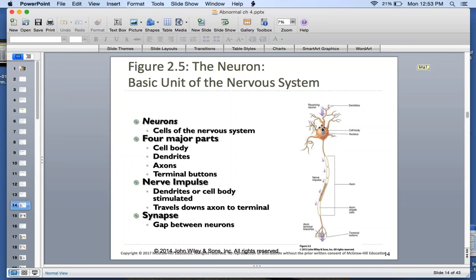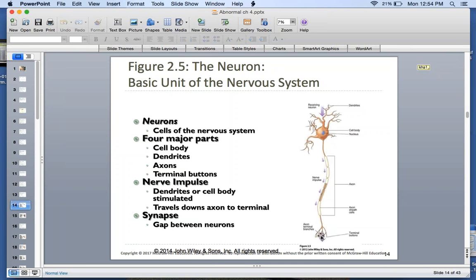These are called the dendrites, okay? And then the third thing that I usually talk about is the axon. And right here along, we have the axon. And then down here, we have terminal branches. And at the very end of the terminal branches are something we call terminal buttons. I like to think of them as being cute.